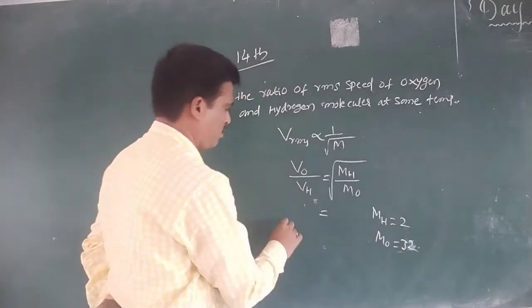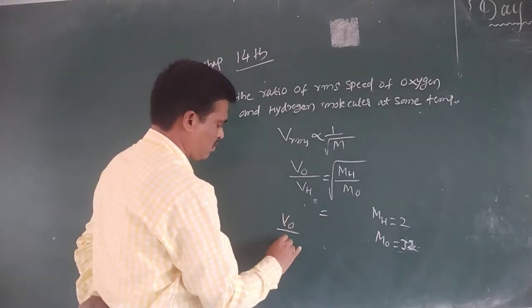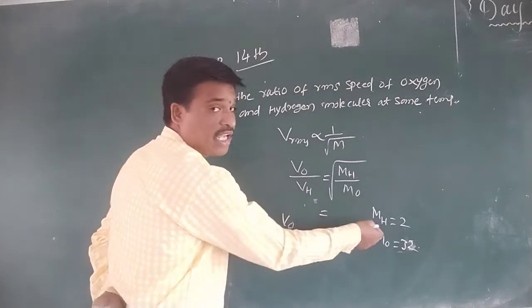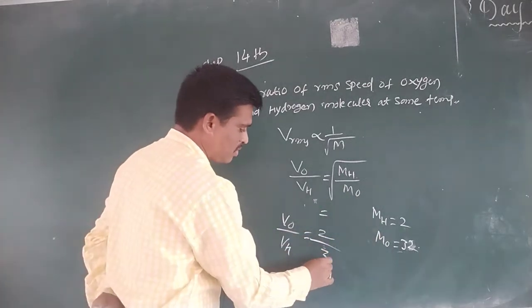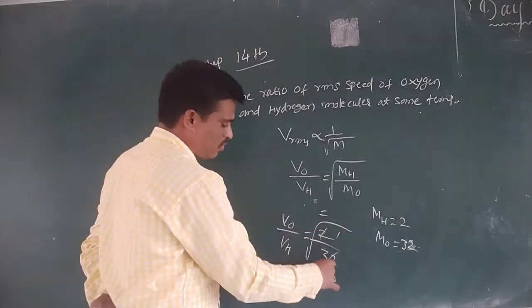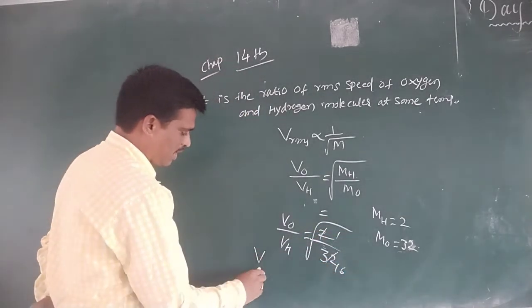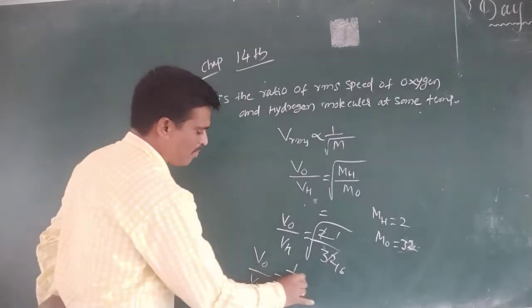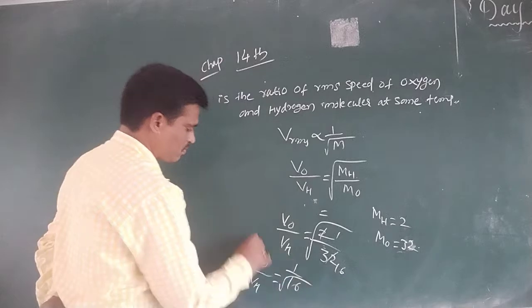So substitute here. mH is 2 by mO is 32, under root, 2 by 32 is 1 by 16. So vO by vH is equal to 1 by 16 under root.